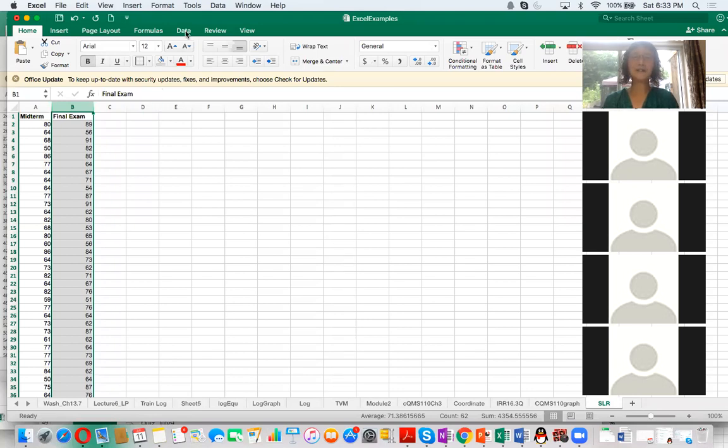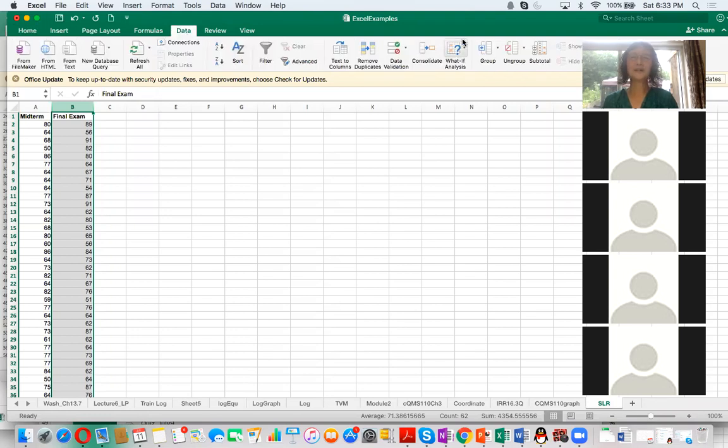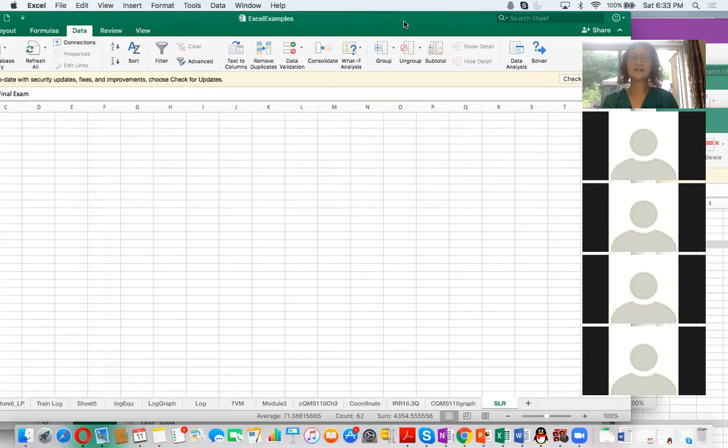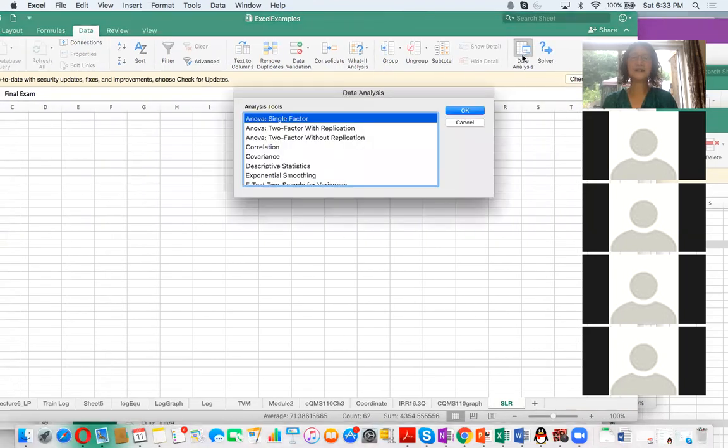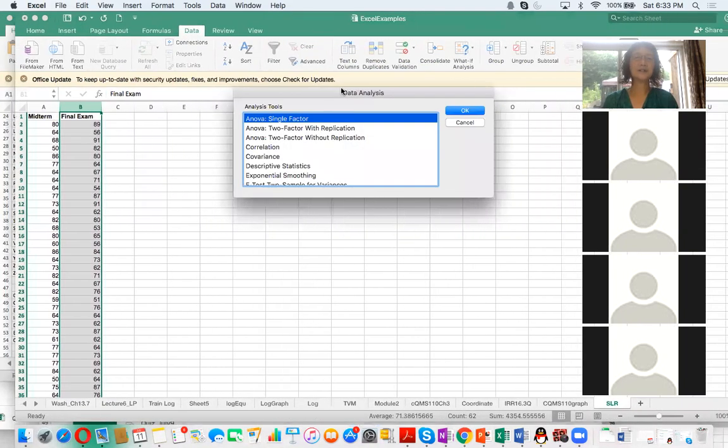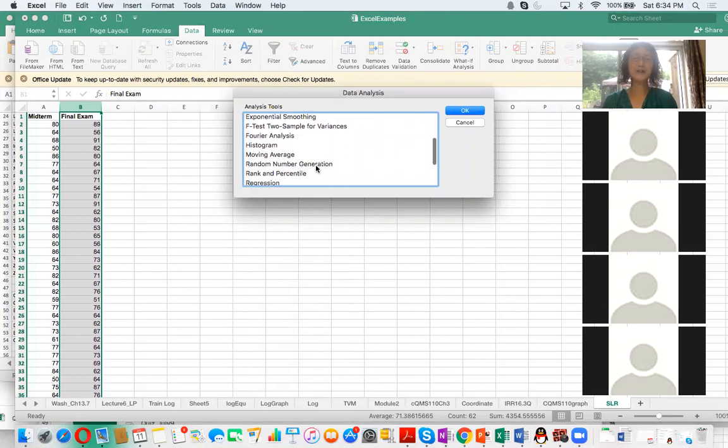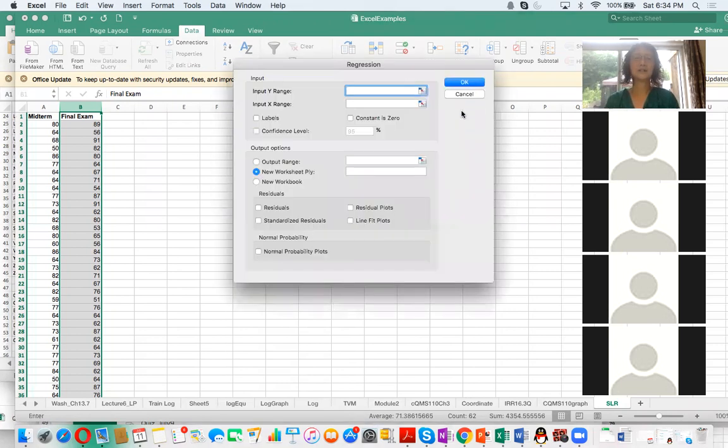To do that, I will do data analysis. I'm using Excel. I go to Data, and then Data Analysis. After that, you select Regression. By the way, you can use SPSS to do this, okay? It asks you to input the Y range. Sorry.